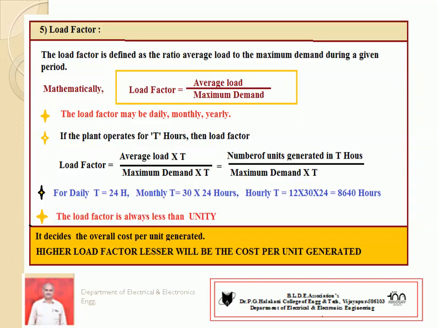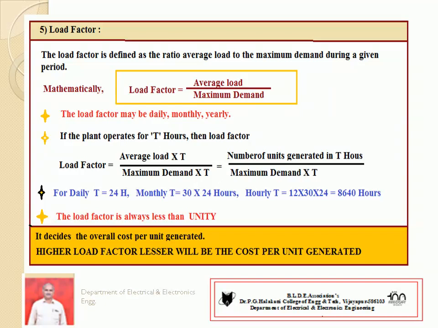Hence, load factor equals average load into time divided by maximum demand into time. Or it may be written in another fashion: number of units generated in T hours, that is kilowatt hour, divided by maximum demand into T. Maximum demand is in kilowatts, time in hours, so that also becomes kilowatt hour. Getting the idea? You can use any one.